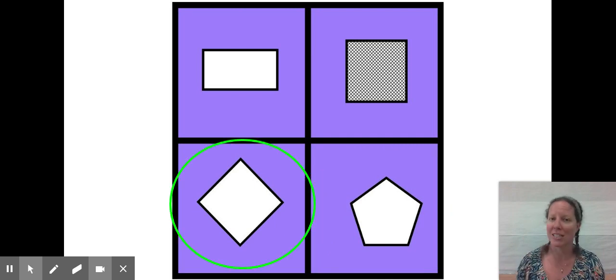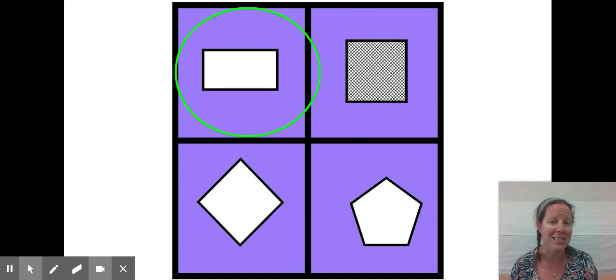Here, I'll do it again. This square doesn't belong with all the others because it is not flat on the bottom, but all 3 other shapes are flat on the bottom. And I'm going to do it again. The rectangle does not belong with the others because the 4 sides of the rectangle have different lengths, but the other 3 shapes, all the sides are the same length.